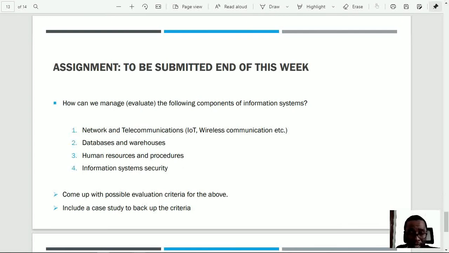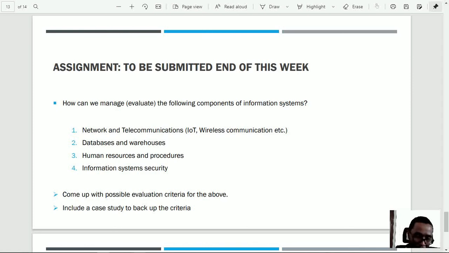And that's why I want us to have this as our assignment for this week. Think of how we can manage the following IT resources or parts of infrastructure or information systems resources: network and telecommunications, where you can talk about IoT or wireless communications, whichever you want; databases and warehouses; human resources; security.